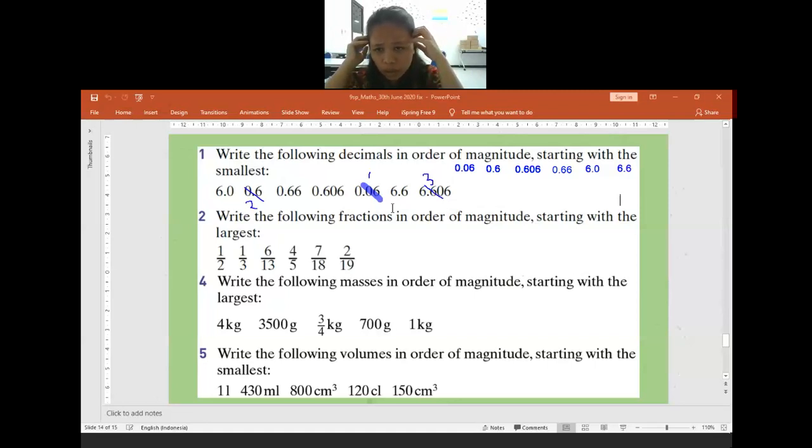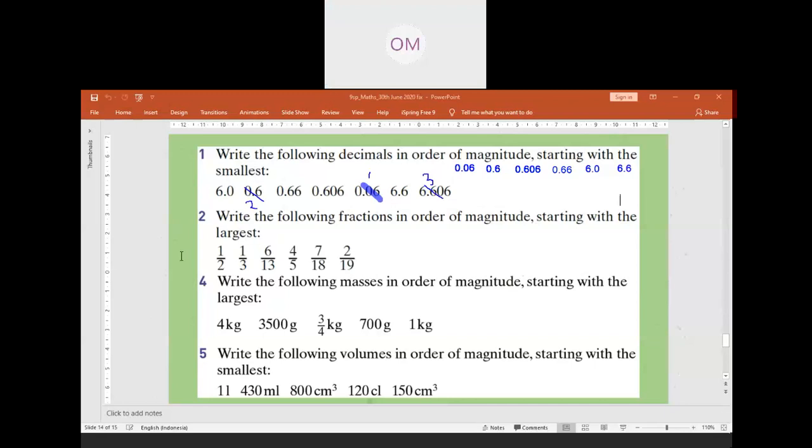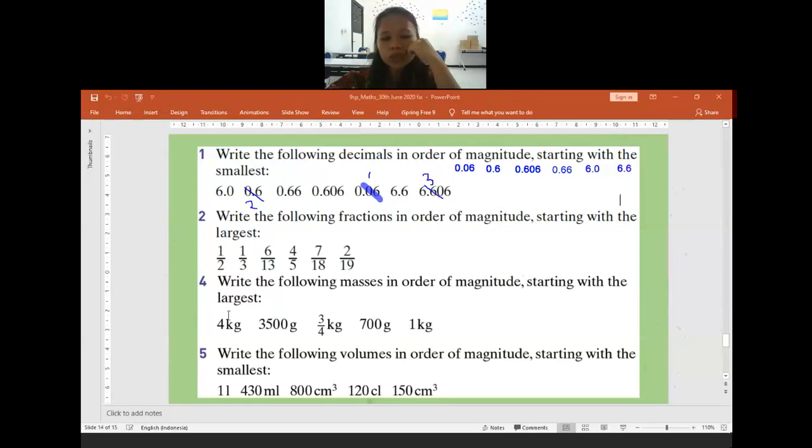And then 6.0. No, I mean this one, teacher, question 3. Oh, question 3. Yes, I skipped question 3 because it's similar to the other questions, so I just pick the one that is different.